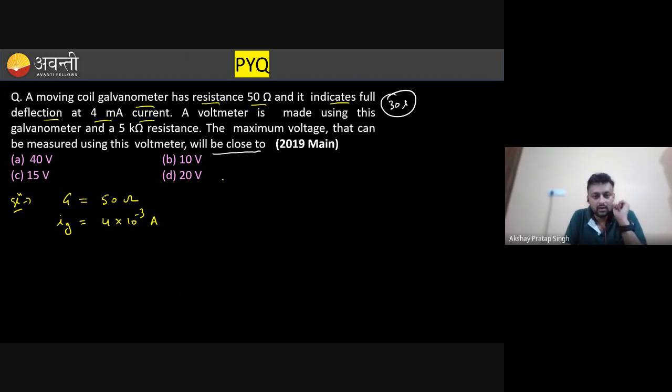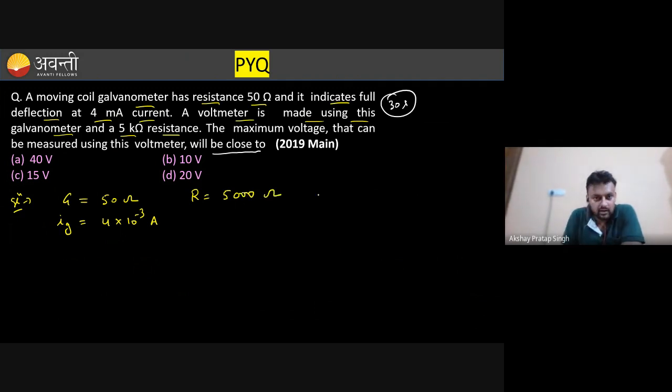Clear? Next, a voltmeter is made using this galvanometer and a 5 kilo ohm resistance. They are converting it into a voltmeter and have attached a resistance of 5 kilo ohm. So the external resistance given is 5 kilo ohm, that means 5000 ohm.